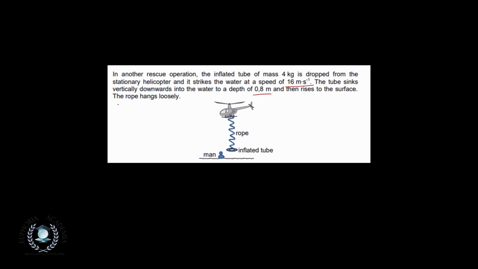The rope hangs loosely. That means there is no tension. There's nothing that's restricting this motion, which kind of alludes to what we're going to speak about, which is free fall. We have a situation where there's free fall to some extent through the water as well as when it rises up again.